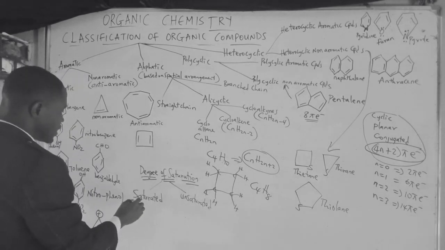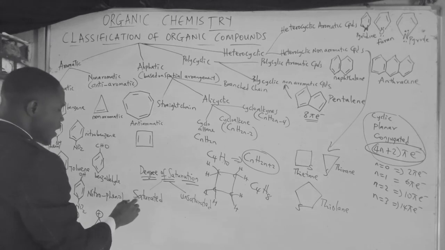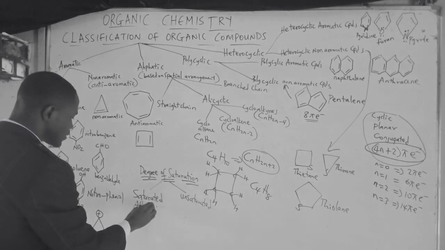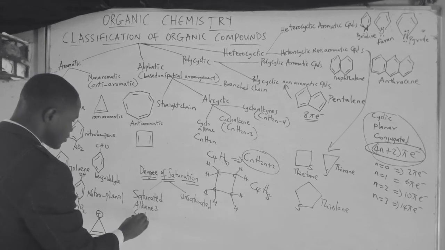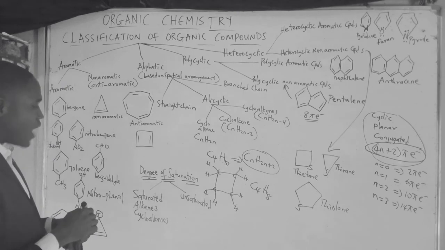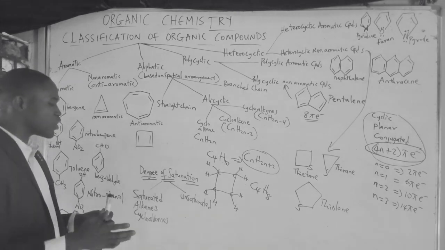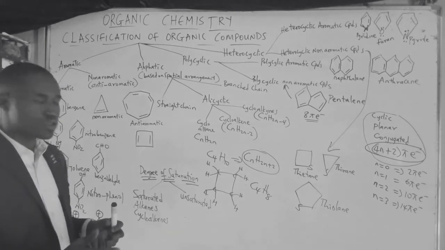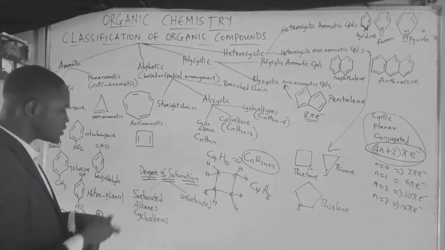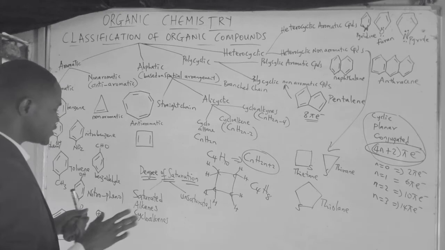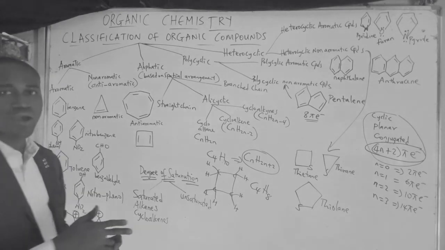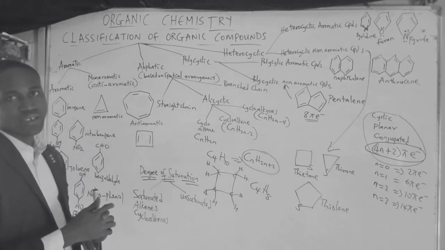For the saturated aspect, we have alkanes and cycloalkanes. Why do we say that they are saturated? It's because they have only single bonds all through. So all saturated hydrocarbons such as alkanes especially undergo substitution reactions, chlorination reactions, and combustion reactions.